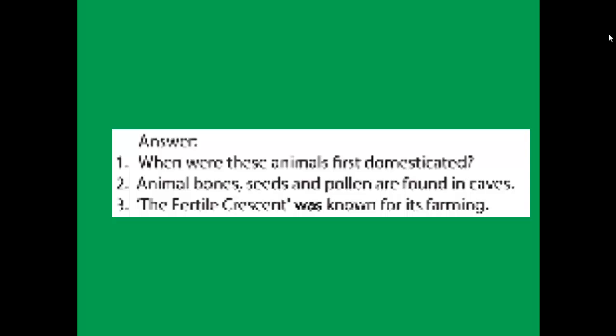But here, because this main sentence is in the present, we use the present. So animals' bones, seeds, and pollen are found in caves. Number 3. The Fertile Crescent was known for its farming. It was known for its farming.